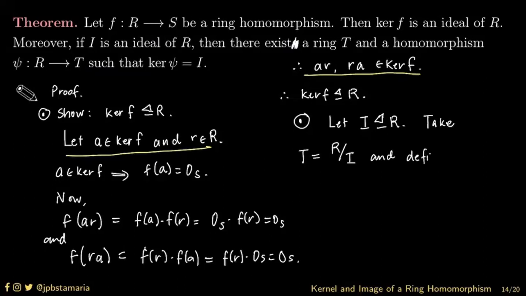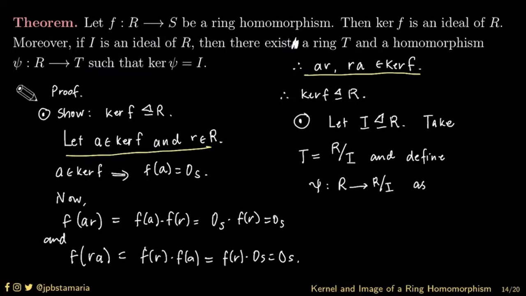Paano naman natin i-define yung psi? Kasi we need to define, ayan yung T natin, yung R mod I, di ba? Paano natin ito i-define? I-define natin to in a way na magiging homomorphism siya. Pangalawa, yung kernel niya ay I. Review.